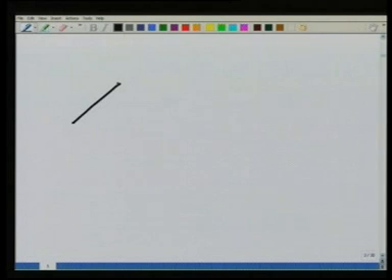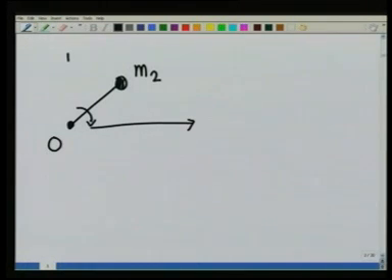The example I take is a rigid massless rod whose one end is fixed at point O and it is free to rotate like this about this point. At the other end of this, I have a mass m2. Let this and this be my x and y coordinates.